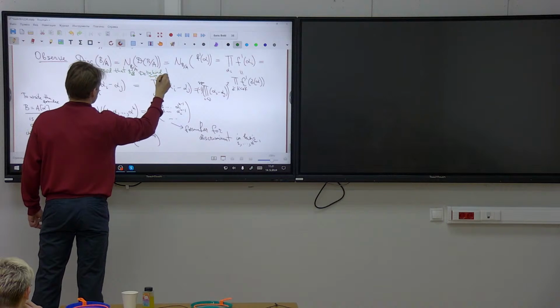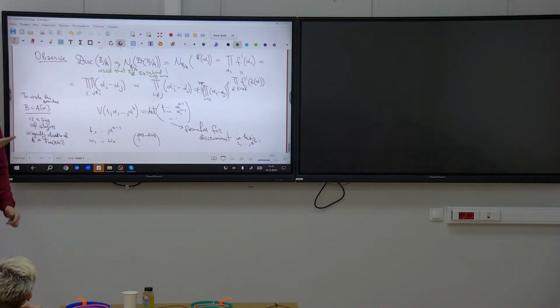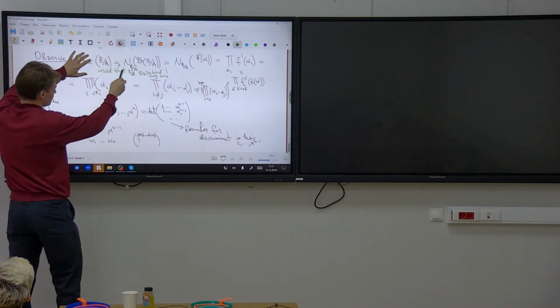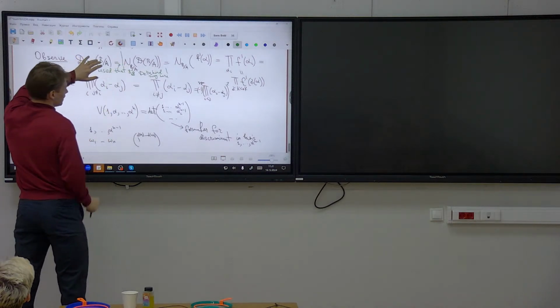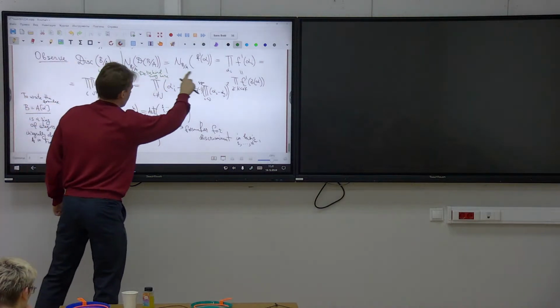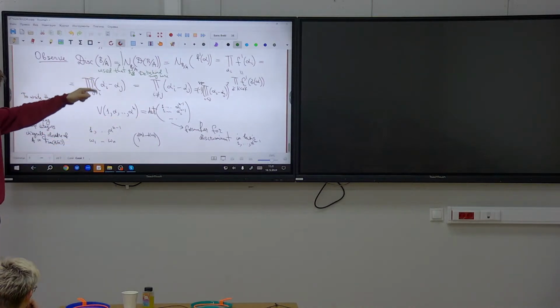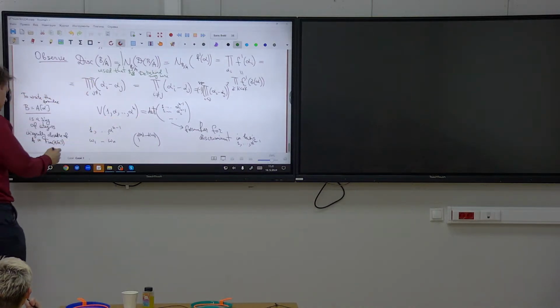So our calculation is correct, but if this doesn't hold, the calculation after this is correct, but this is not the discriminant.